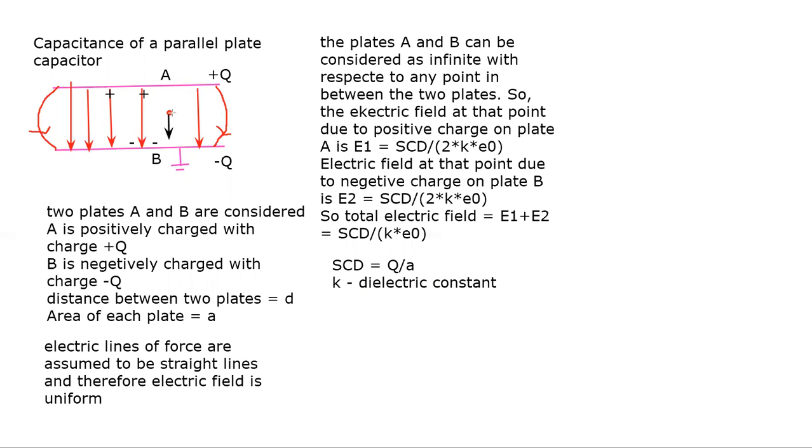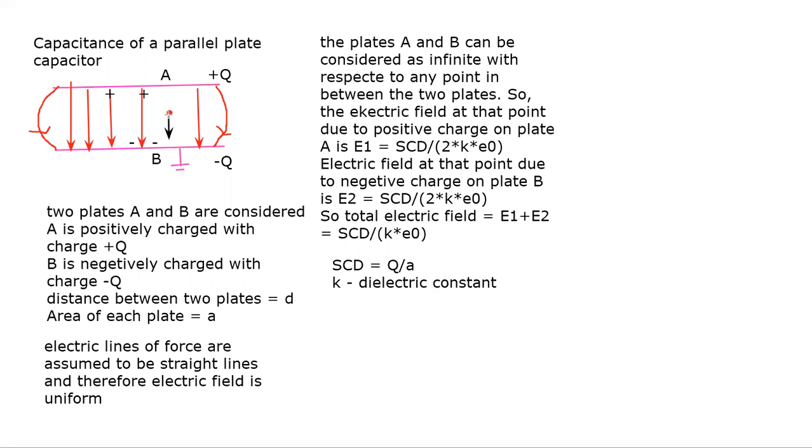Also, the electric field at this point due to the negative charge of plate B has the same value because the charge was the same. So SCD divided by 2 into K into epsilon 0, and it is also directed in this direction. Why? Because it is negatively charged and we have put a positive charge here, so there will be a force of attraction. So both are directed in the same direction.